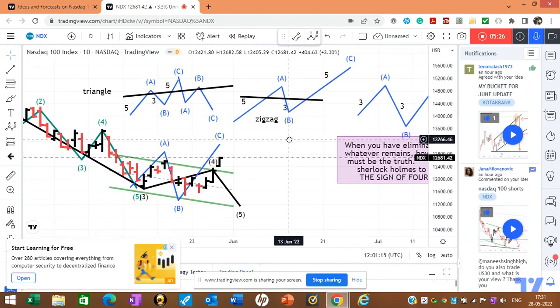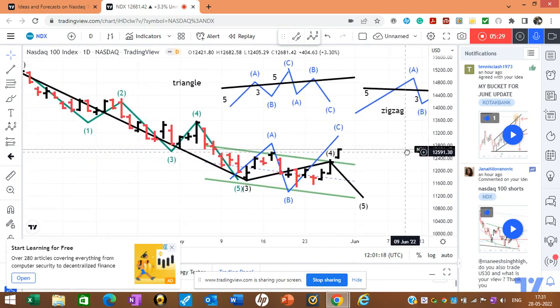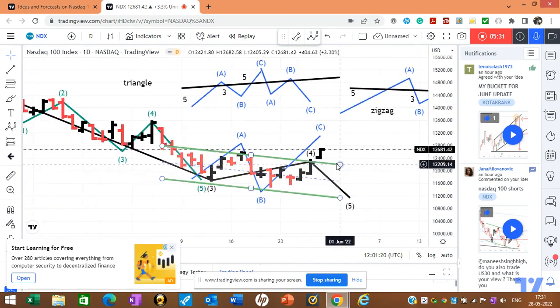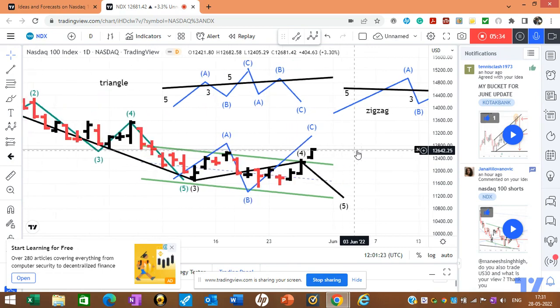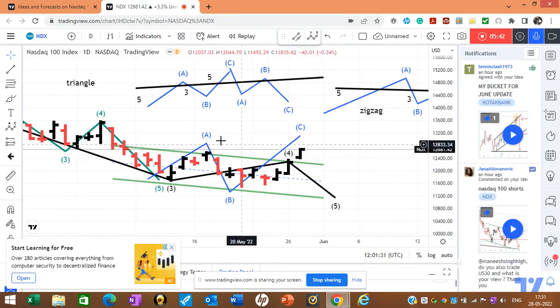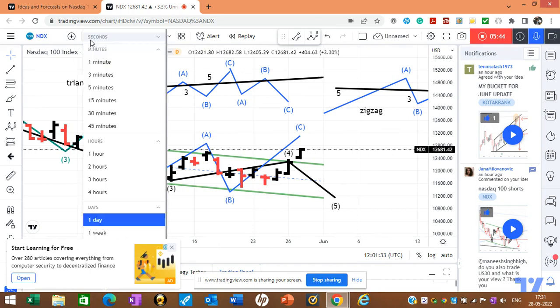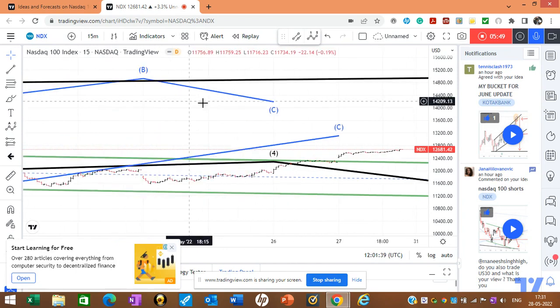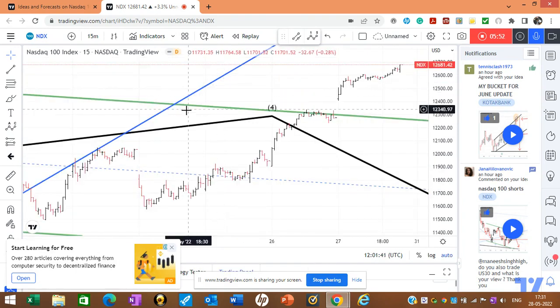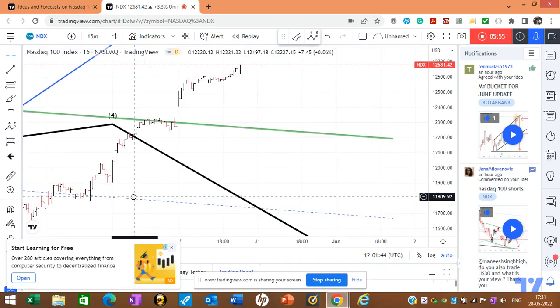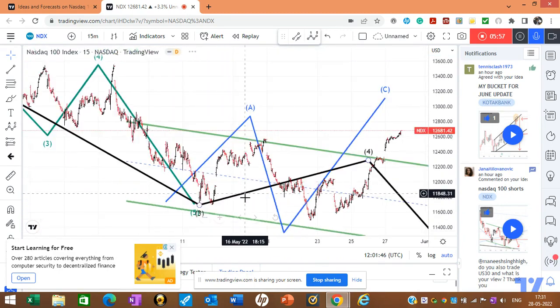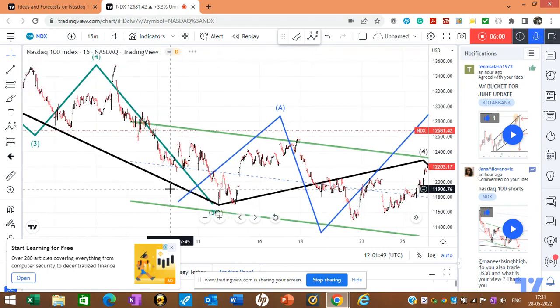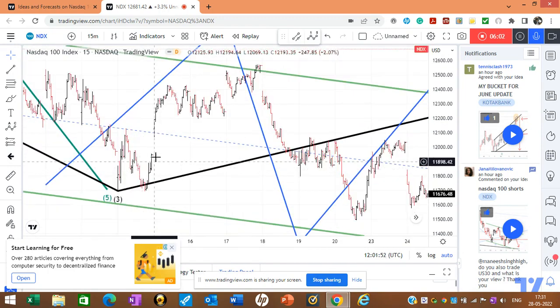Okay. So now I see this correction. When I count the waves, I look at one, two, three, four, and five. But once I start going to lower time frames, very interesting.